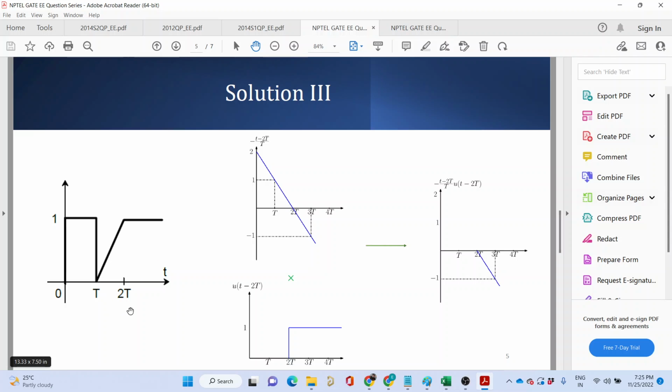Getting my point? Yes, sir. So before 2t, we do not need this function because this would again affect this linearly rising function. So what we do, we multiply this with u of t minus 2t so that the function becomes like this, as shown on the slide.